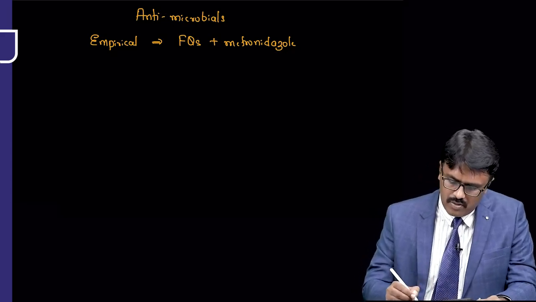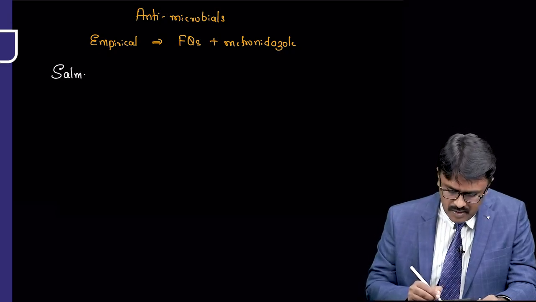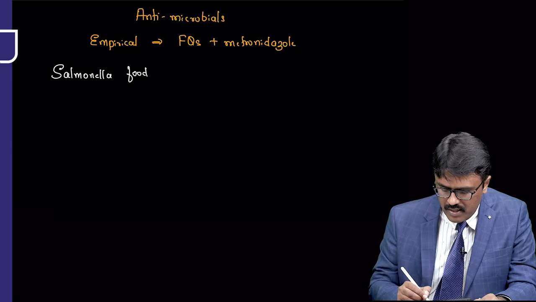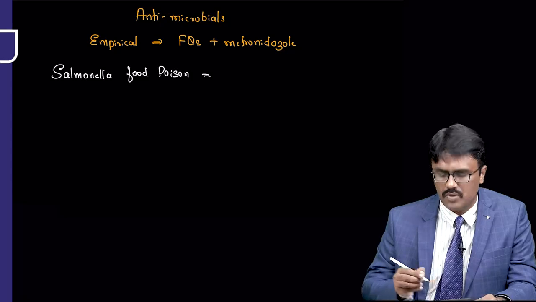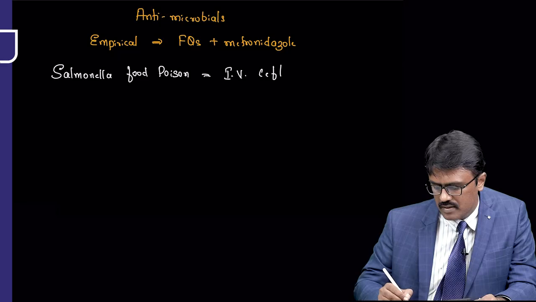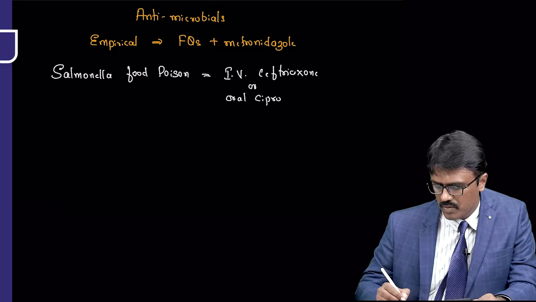But if I talk about specific therapy, suppose a patient is having salmonella food poisoning and because of that having diarrhea, then what should we use? At that time it is better to use IV ceftriaxone. If that is not available, you can also give oral ciprofloxacin.